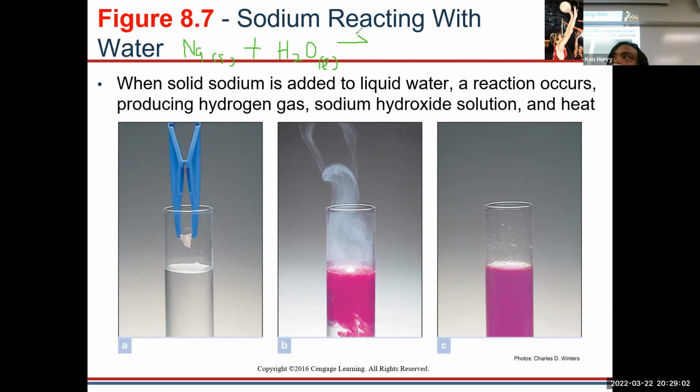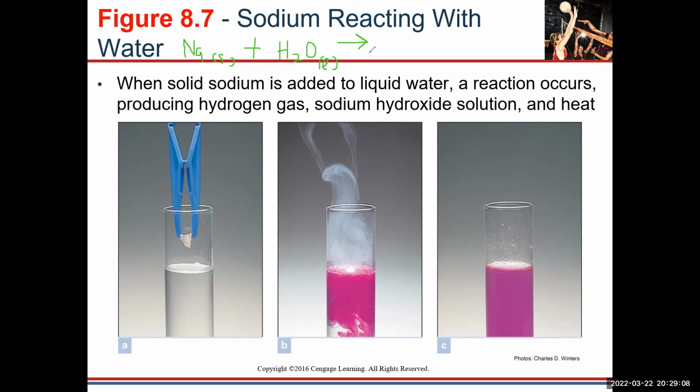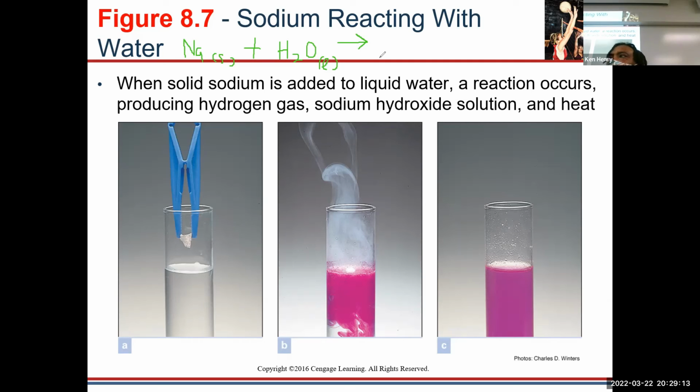And then that's going to generate or yield what? Sodium hydroxide. What is the chemical formula for sodium hydroxide? NaOH. And it's a solution.